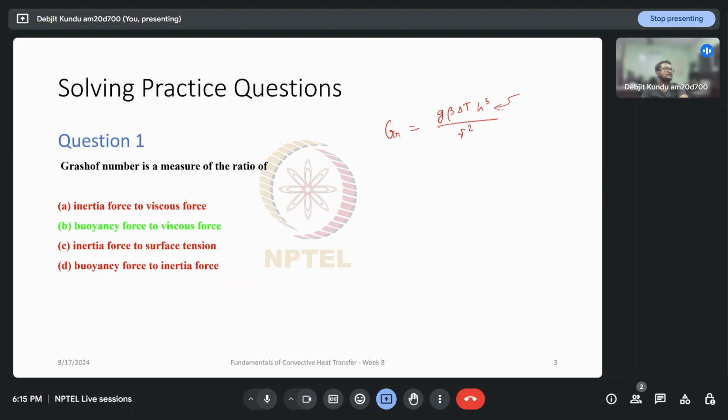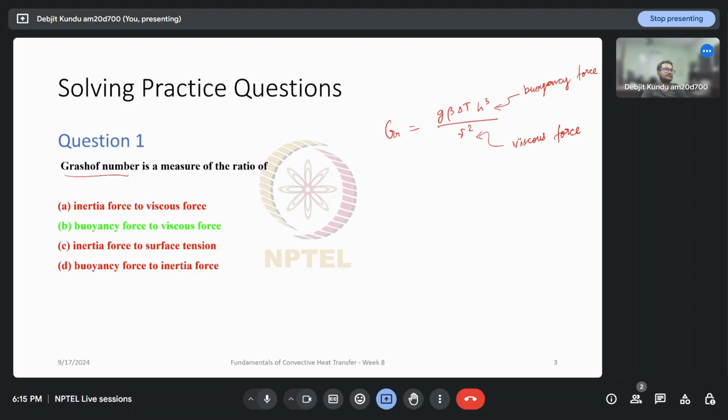Now this on the numerator is a representation of the buoyancy force, and the viscosity squared on the denominator is a measure of the viscous force. So the ratio of these two forces is represented by the Grashof number. It's not exactly equal to the ratio of the two forces, but a representation of that ratio.